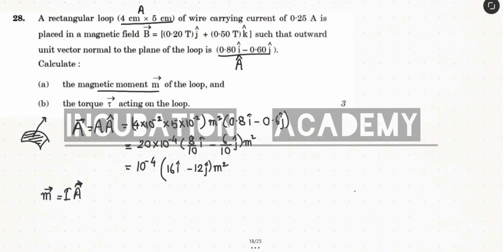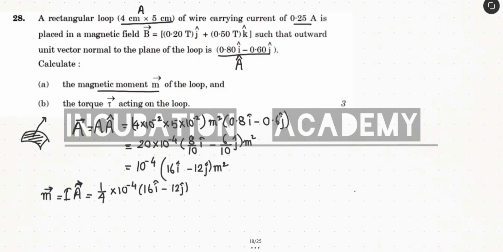The current is 0.25 ampere, already given, which is 1 by 4. So 1 by 4 multiplied by 10 to the power minus 4, 16 i cap minus 12 j cap.